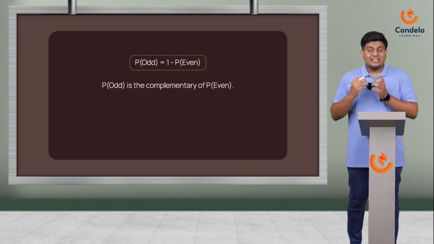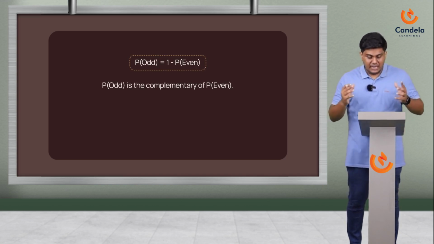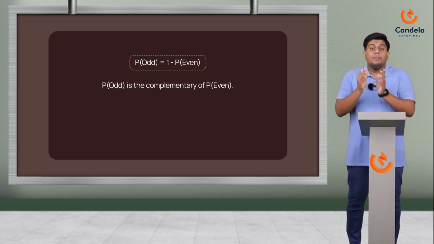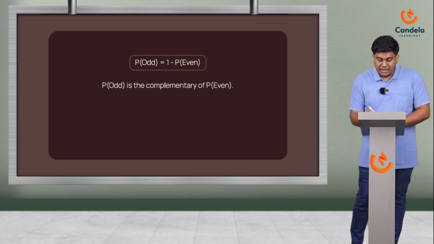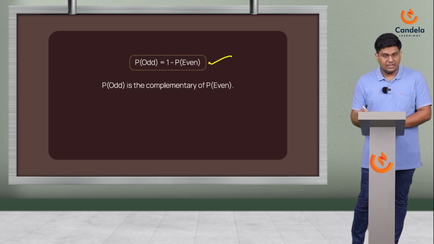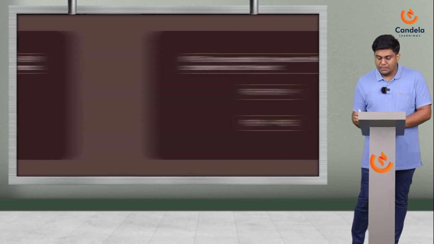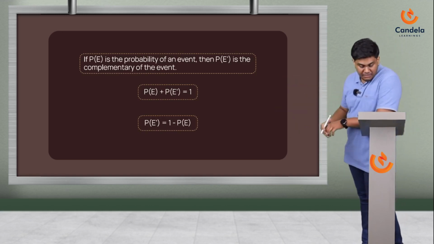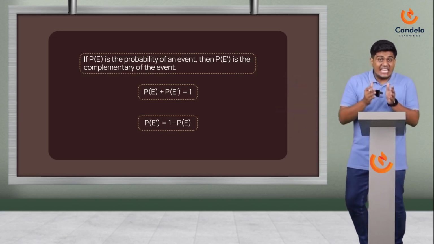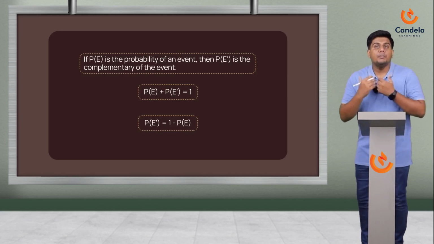Now, this kind of scenario in probability is what we call the complementary of an event. That is, P of odd will be 1 minus P of even. So, we can say that P of odd is the complementary of P of even. So, if P of E is the probability of an event, P of E dash is the complementary of the event.